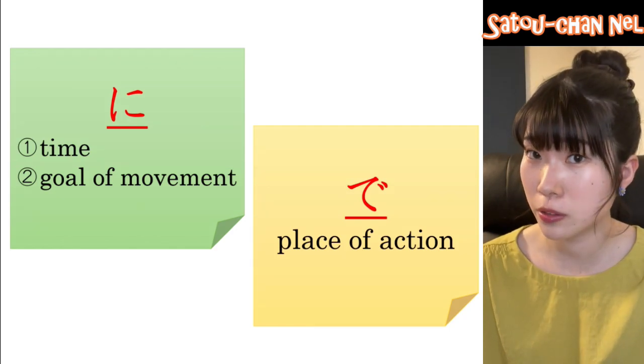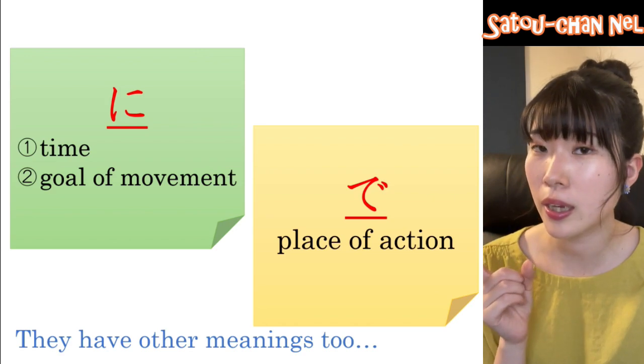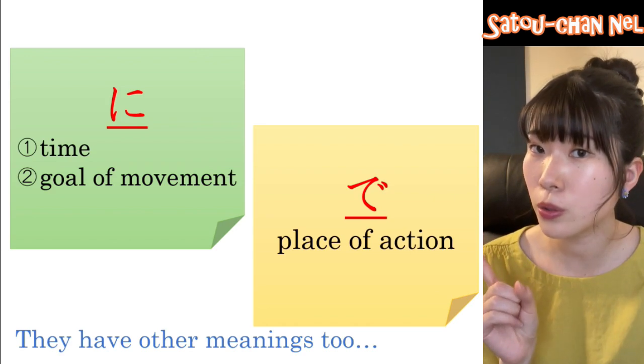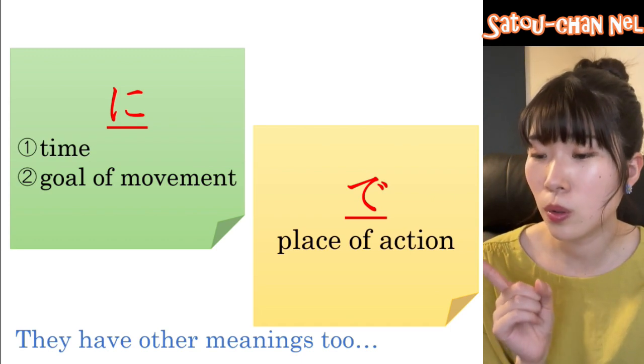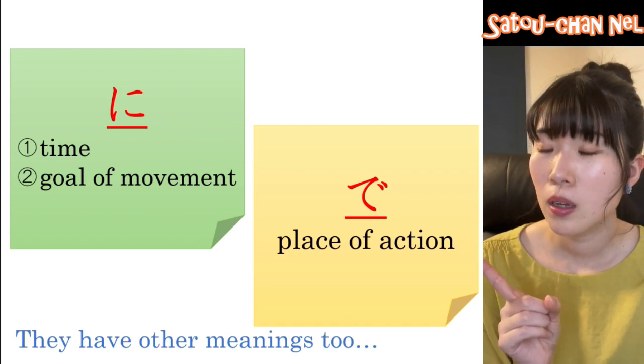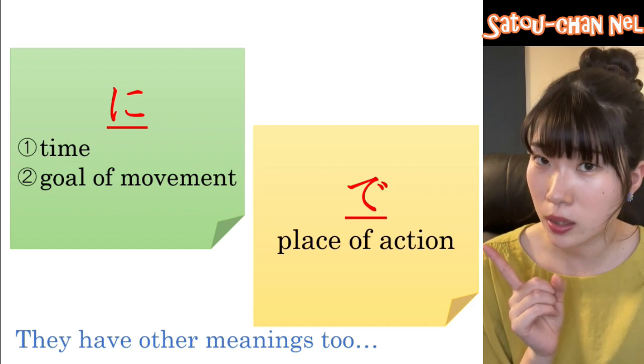But today, please remember these three. Particle に indicates the time when you do the action, and it also means the goal of movement. And particle で indicates the place of action.